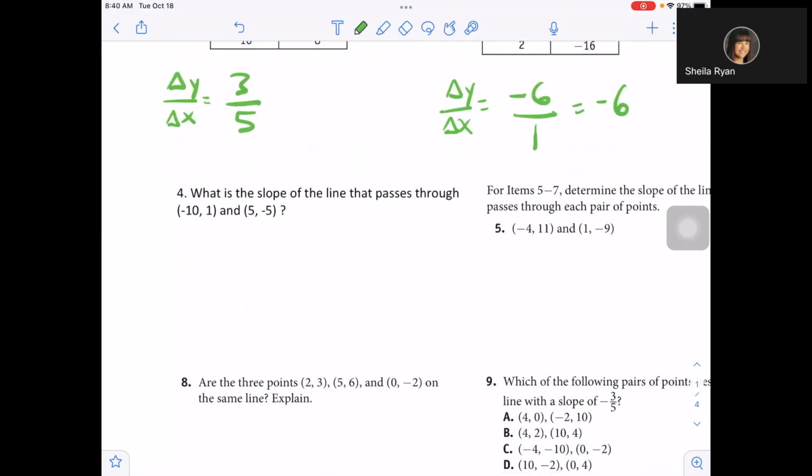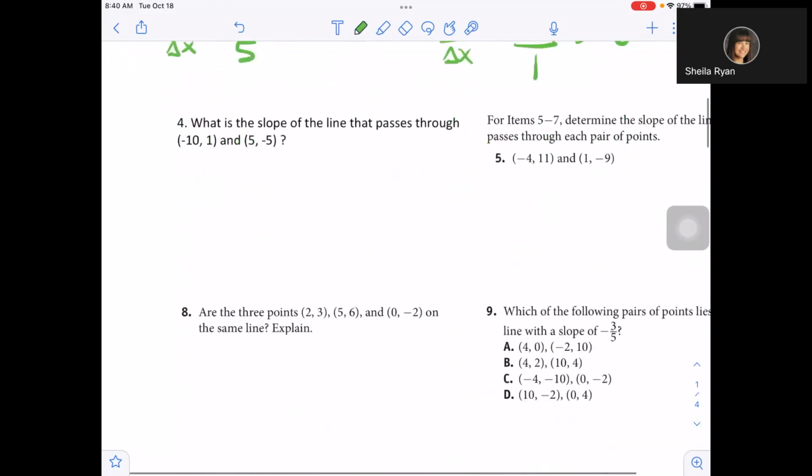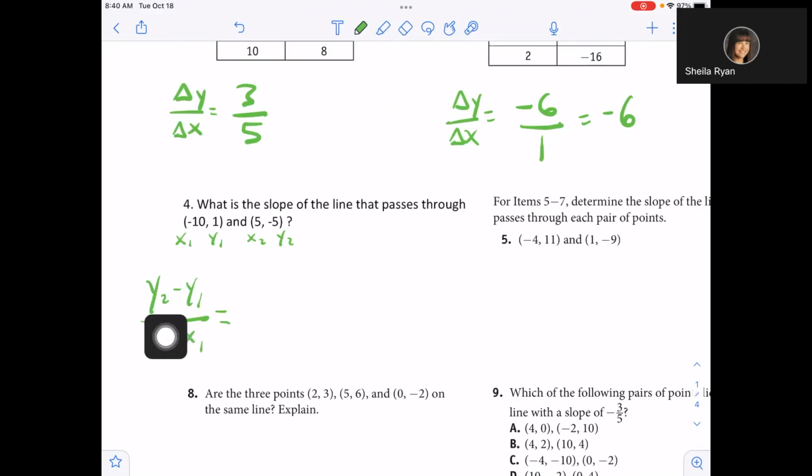Four and 5 will be just like number 1, where we're using the formula. So we have x1, y1, x2, y2, and our formula y2 minus y1 over x2 minus x1. y2 is -5, minus sign, y1 is 1, x2 is 5, minus x1, which is -10.